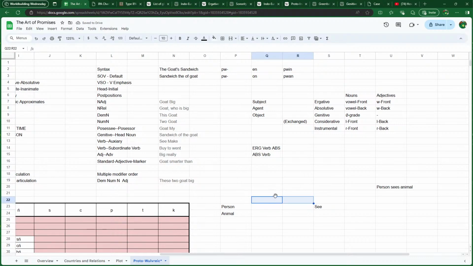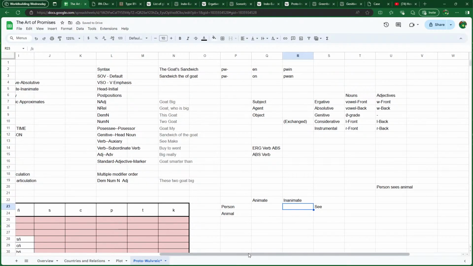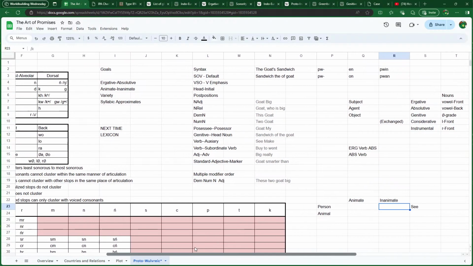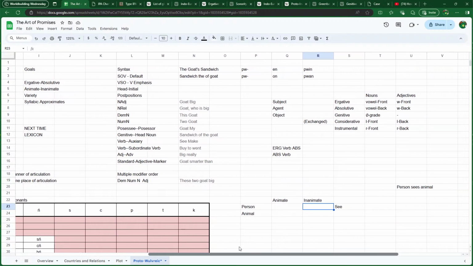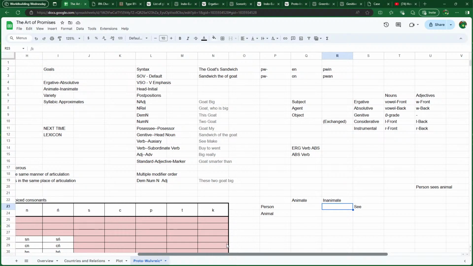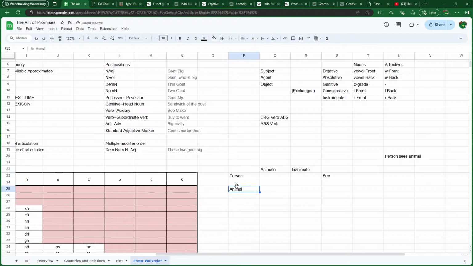So, animate. Having an inanimate person doesn't make sense unless they're a corpse. So naturally that would go down, having an inanimate... Oh, would a corpse still be animate?